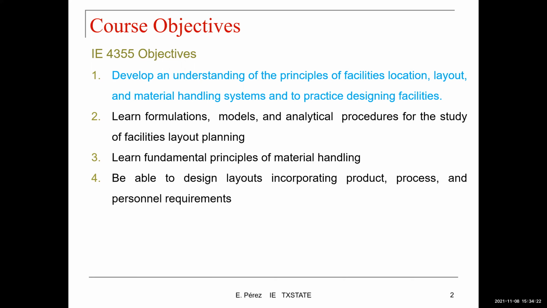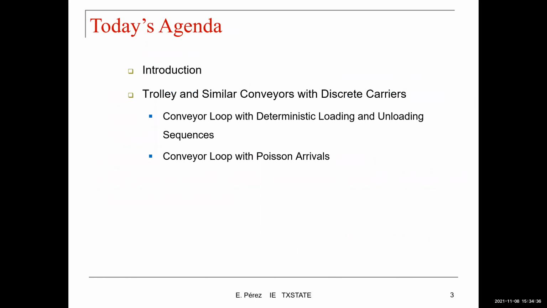And this is all part of the first objective for this class, which is to develop an understanding of the principles of facilities location, layout, and material handling systems, and to practice designing facilities. In the lecture from Wednesday, we looked at conveyor loops with deterministic loading and unloading sequences.